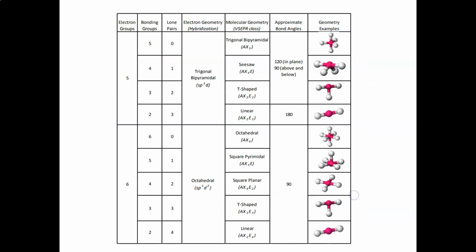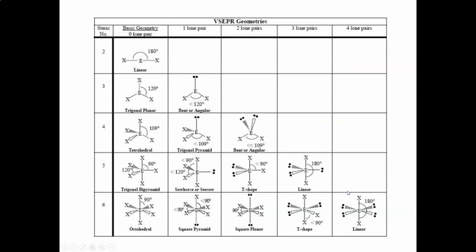Here's another one that a lot of kids like. It is a little bit blurry. It's one of those things that's been used so many times and scanned so many times. It's not super crisp anymore. Here's the steric number, and this time it only has the molecular geometries.